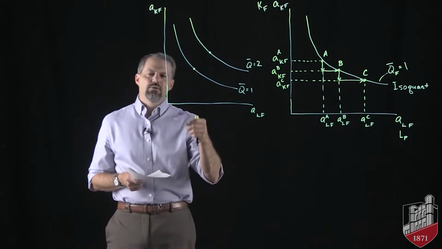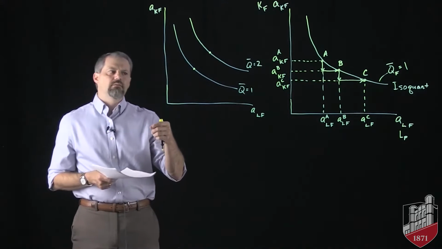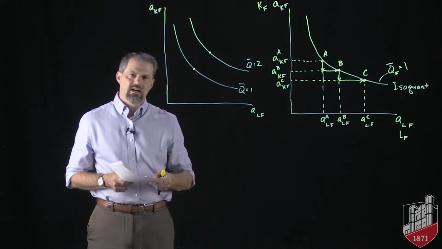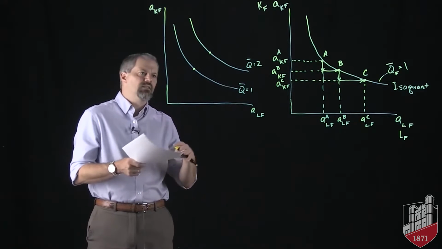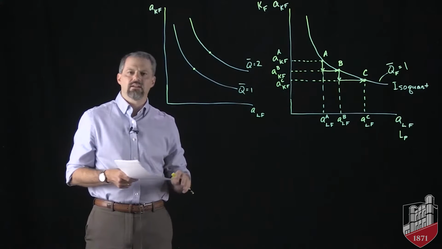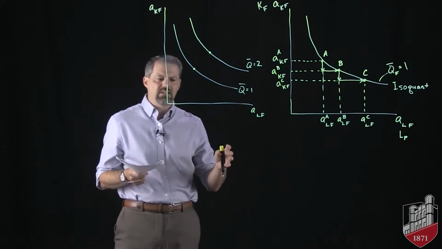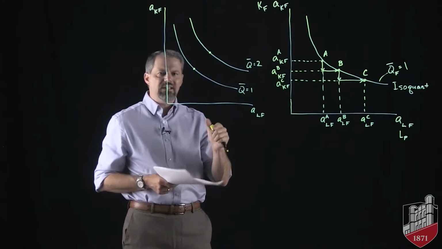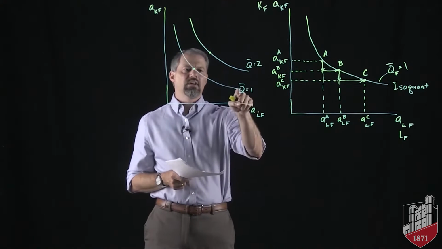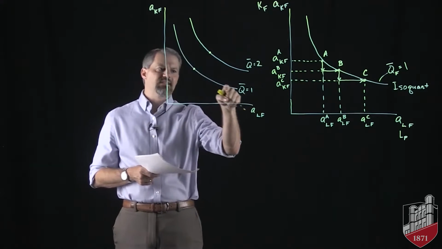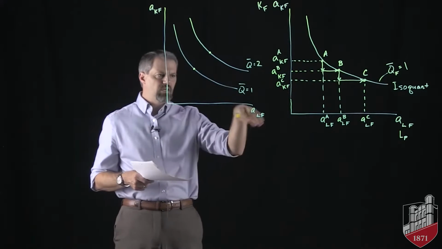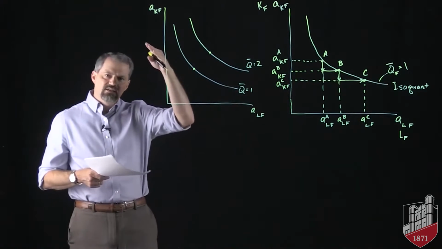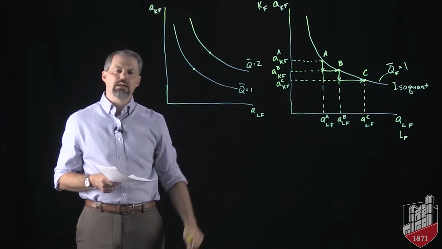So what we need to do now is think about what we're going to call an isocost line. And I realize we've got lots of iso value lines and isoquants and isocost lines. Just remember, anytime you hear anything like that, iso means same. So an isoquant is a curve that represents the same amount of output. An iso value line, I had one up here just a second ago, shows combinations of output that have the same value.